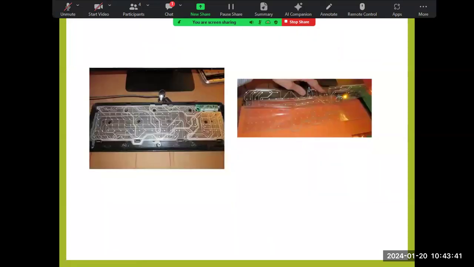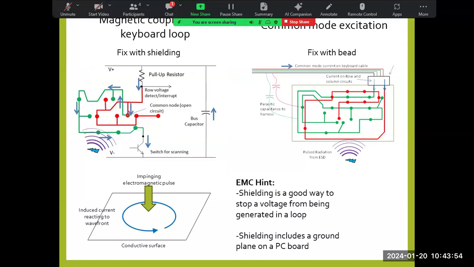And so we pull apart the keyboard, we look at it, and if you ever pull apart a keyboard, you see a whole bunch of layers with a whole bunch of traces that overlap because you hit a key and it connects different layers, and it ends up that you have these loops inside from layer to layer.